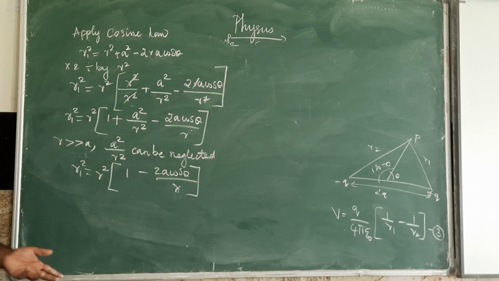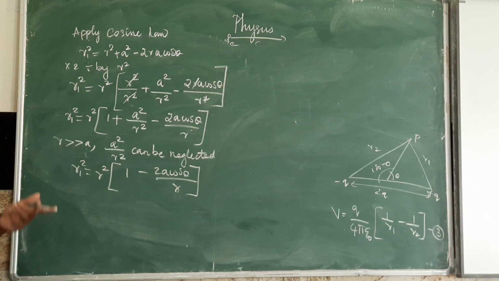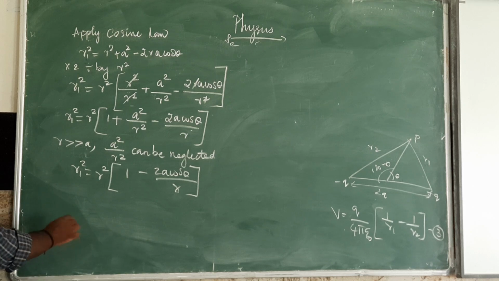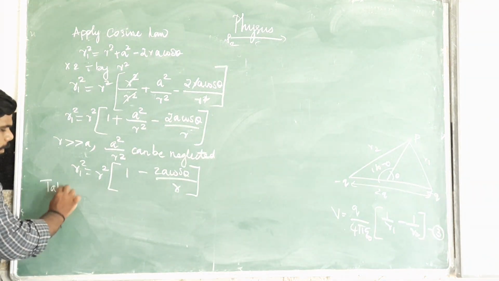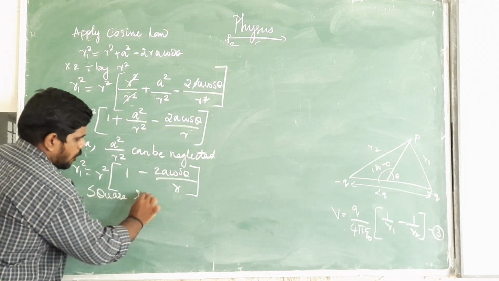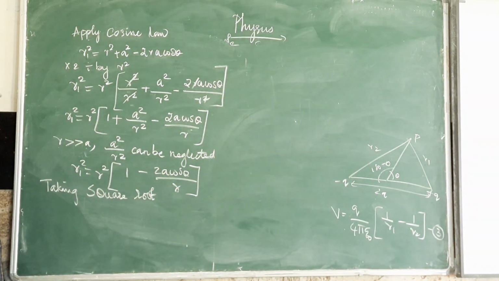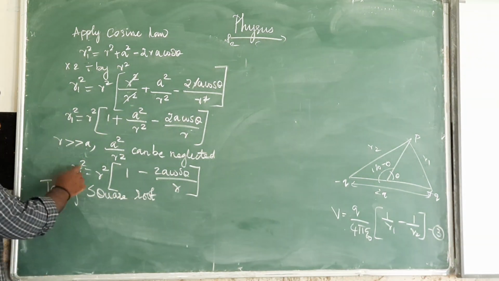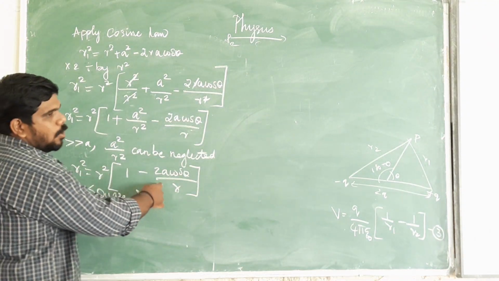Then we are going to take the square root, then the reciprocal, then use the binomial theorem. Okay, clear? Taking the square root on both sides, what do we get? Here 2 cancels, and here there will be no power.